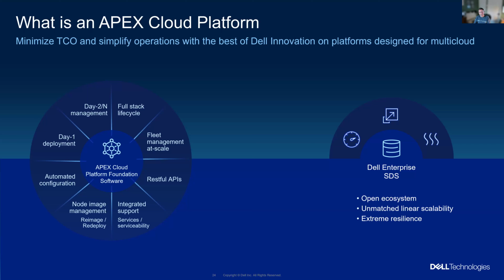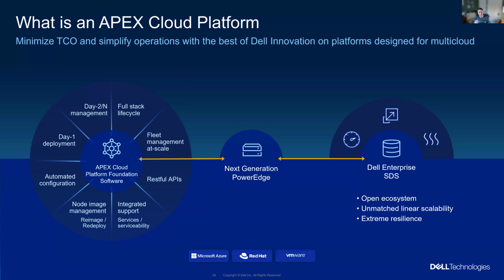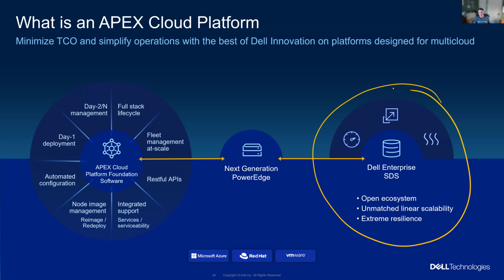Now, the concept of cloud platforms is that we have PowerEdge servers, essentially standardized hardware to begin with. We then use enterprise software defined storage, and that enterprise software defined storage is PowerFlex, which is what we just discussed, and having that ability to have that universal storage layer.